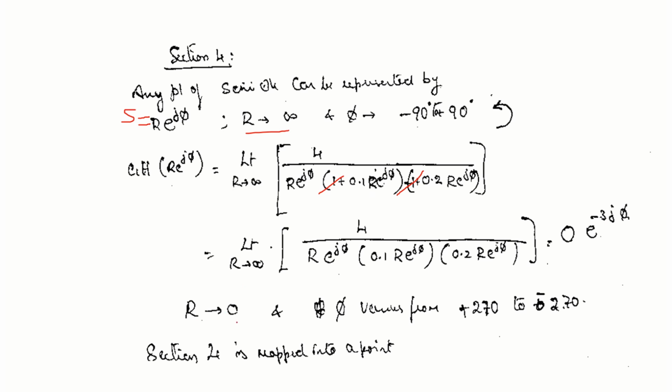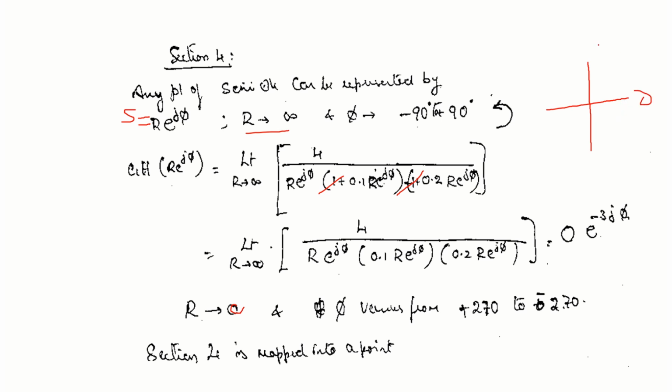Substituting the limit R tending to infinity, finally it will plot into a circle of 0 radius and phi varying from plus 270 degree to minus 270 degree.